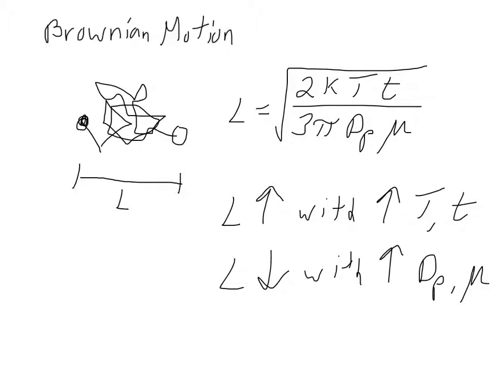The larger the particle is, the harder it is for it to move through the system, so the lower the L. The more viscous the solution, the harder it is to move. The longer you have, the farther it can move, and the higher the temperature. So the terms on top, T and t, make the distance L bigger, and as the terms on the bottom get bigger, it's obviously going to make the distance L smaller.